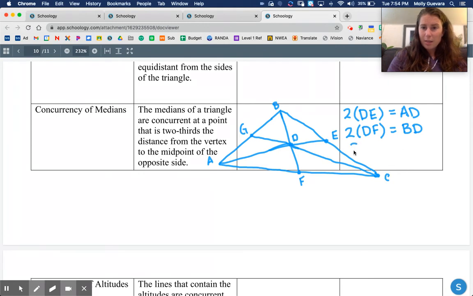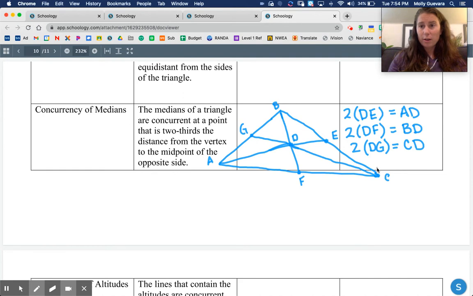And same thing here, if I multiply DG by 2, so this short end, I'm going to get the side length CD. So that's all that means: if I take the shorter length and multiply it by 2, I get the longer length. But that only works when we're talking about medians, okay?